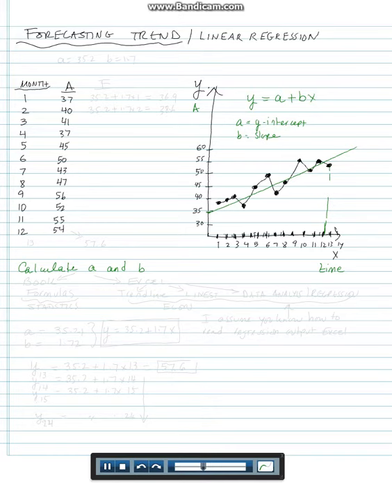And so there are two ways to do this. The way that is described in your book, using formulas that you learned in statistics, which require you to do a lot of calculations to get a and b, or you can use Excel to do that.